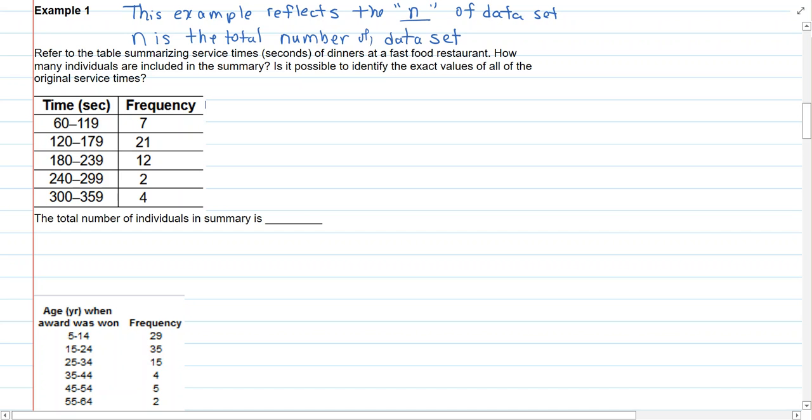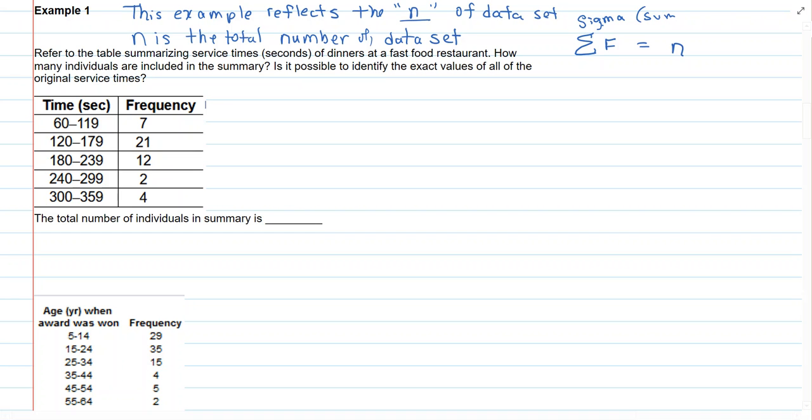So we want to know the total. Well, the frequencies, so if we say the sum, that's a sigma, implying sum of the frequencies is n. So the total number of data is a sum of the frequencies.